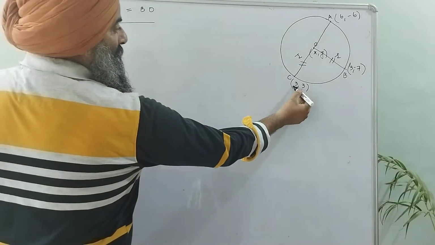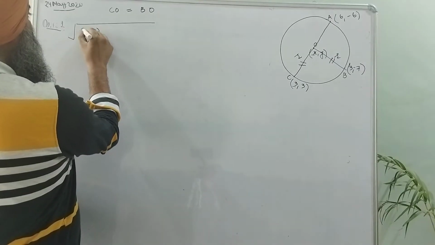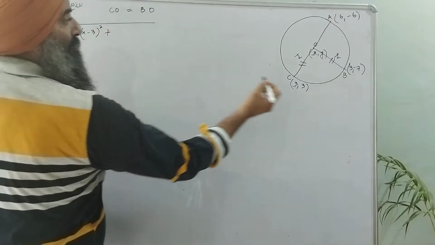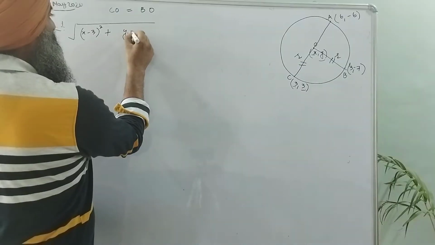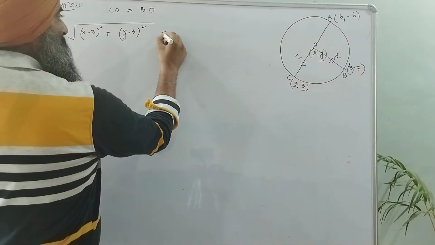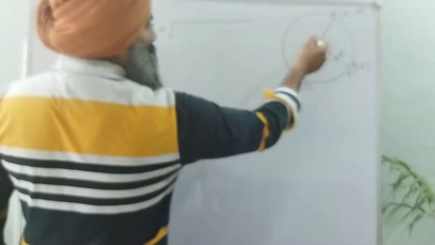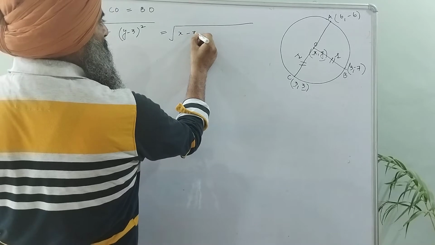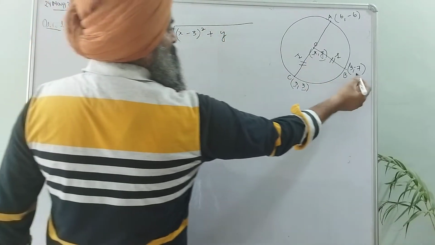So CO is equal to the under root of the difference of abscissa, that is (x - 3) whole square, plus the difference of ordinates, that is (y - 3) whole square. Right, students? This distance is equal to BO, which is (x - 3) whole square plus (y - (-7)) whole square.